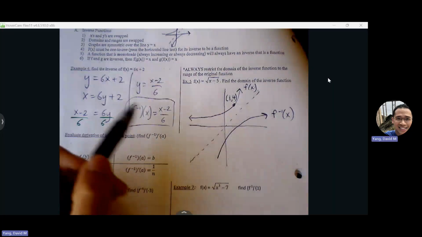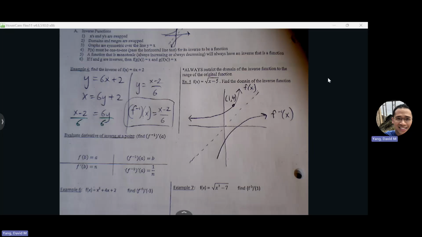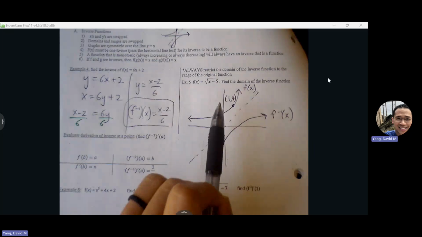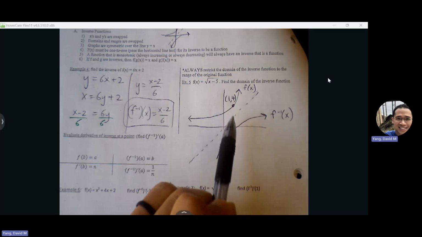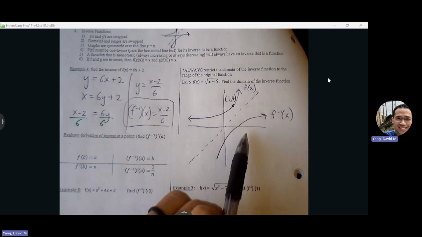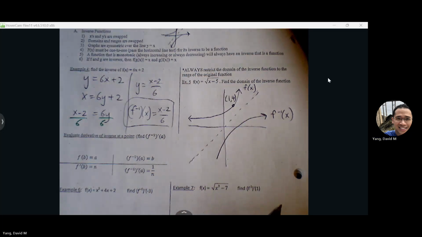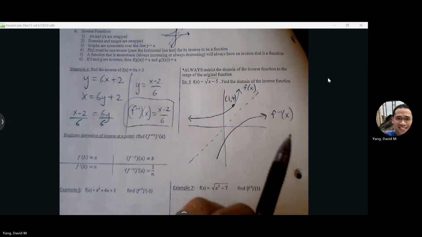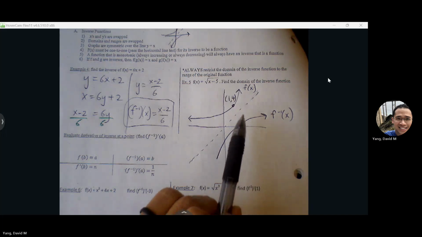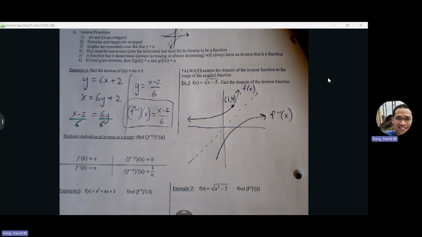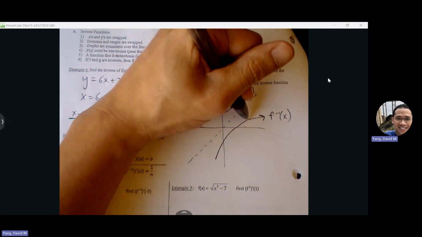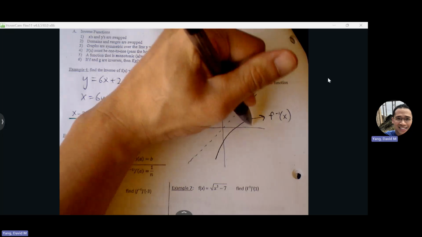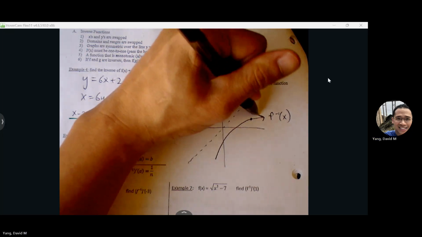So a function and its inverse will always have flip-flop ordered pairs. So if there's an ordered pair (1, 4) that lives on the function, what ordered pair lives on the inverse function? No, not (1, more). (4, 1). Yeah. So if I have ordered pair (1, 4), then there must be an ordered pair that is (4, 1).